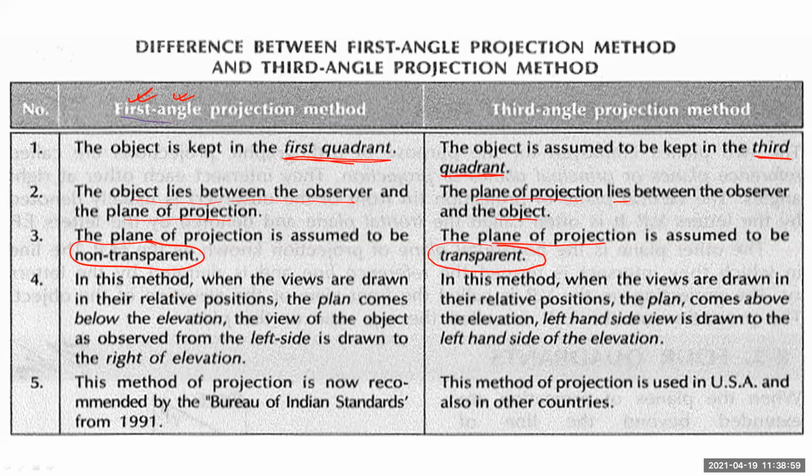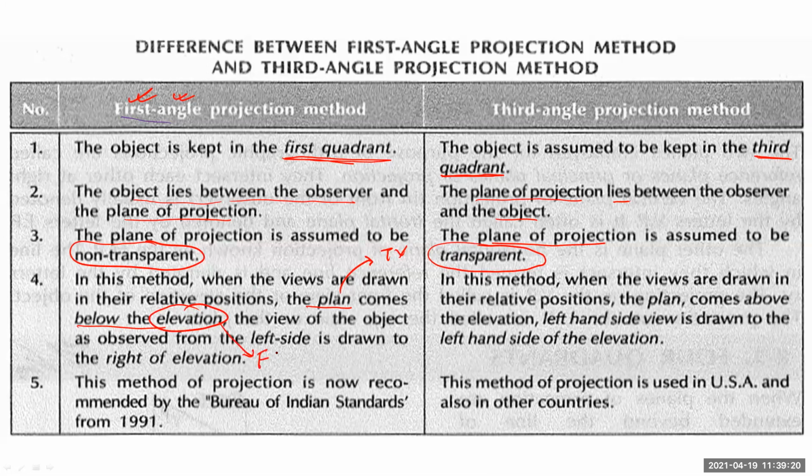Okay. Now, in this method, when the views are drawn in their relative position, the plan comes below the elevation. Okay. Here the plan means top view and elevation means front view. You keep this in mind.